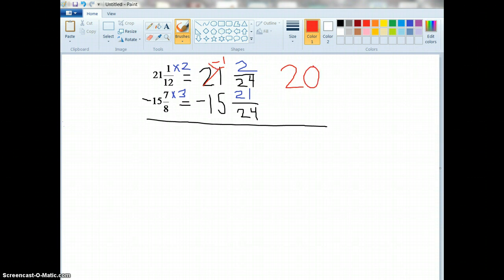Now the 1 that you just borrowed, rename it as a fraction, as 24 over 24. What you'll do is take 24 over 24 and add it to the 2 over 24 that's already there. So our new fraction is 26 over 24.